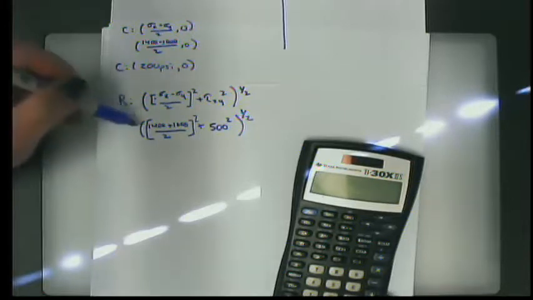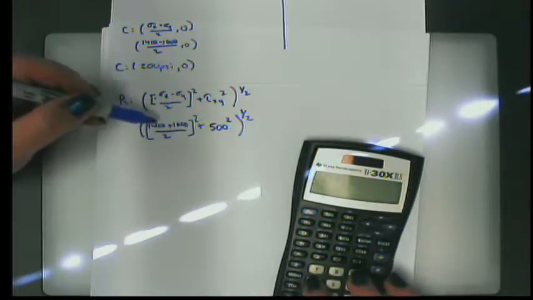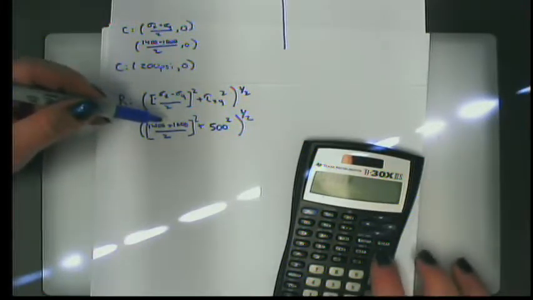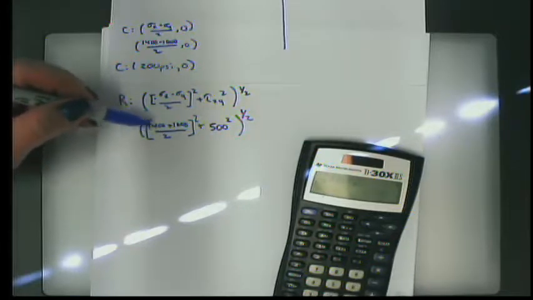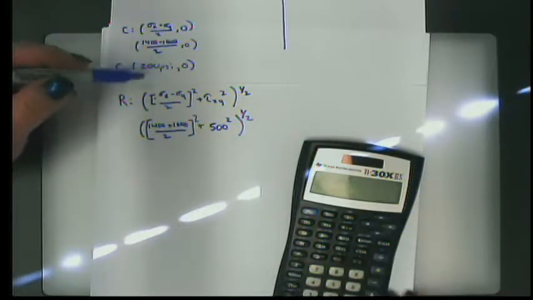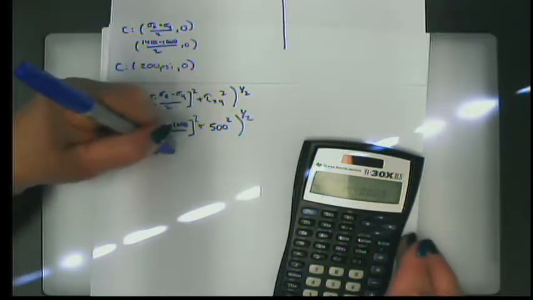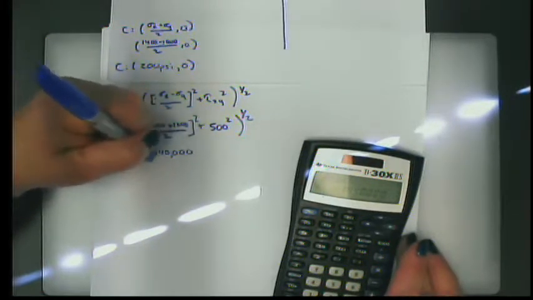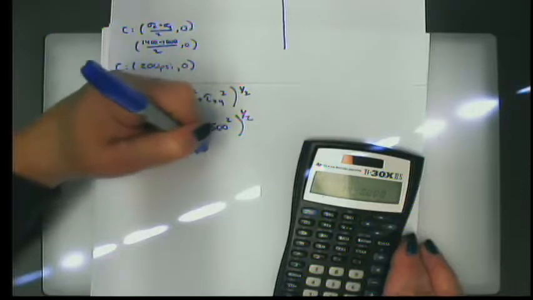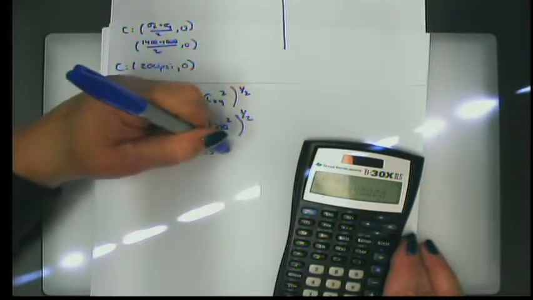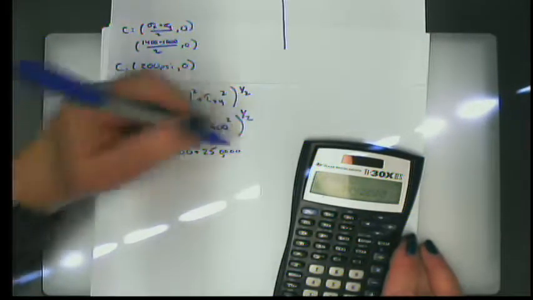All right, so I have 1400 plus 1000, which is 2400, divided by 2, quantity squared. This number is 1,440,000. 500 squared, I can do that one in my head, right? Not that hard.